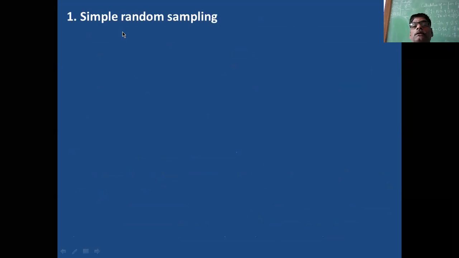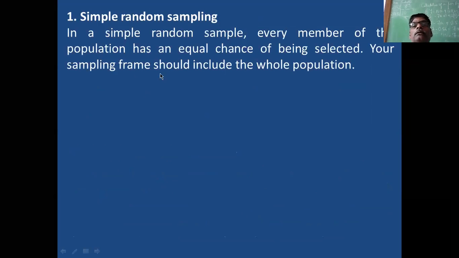The first is simple random sample. What is simple random sample? In this simple random sample, every member of the population has equal chance of being selected.